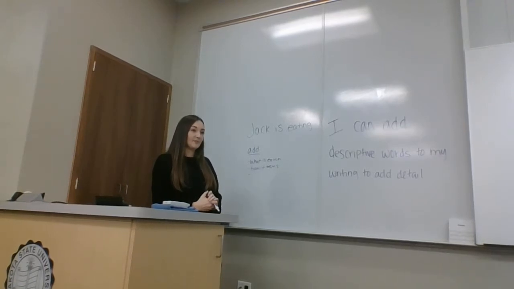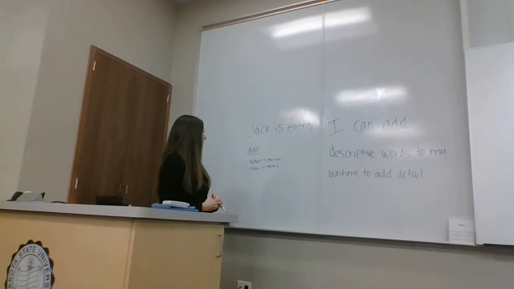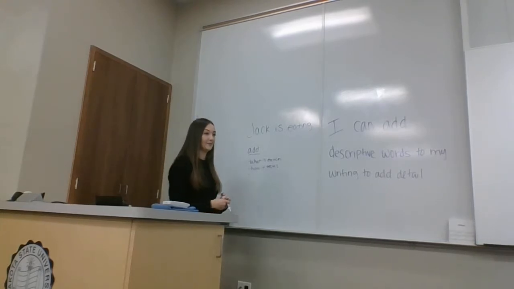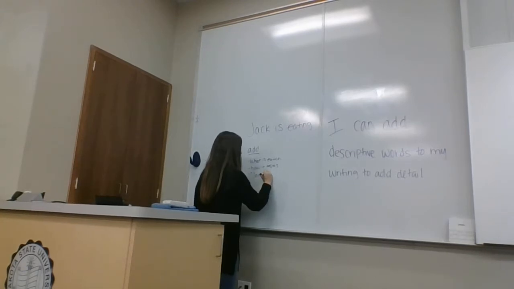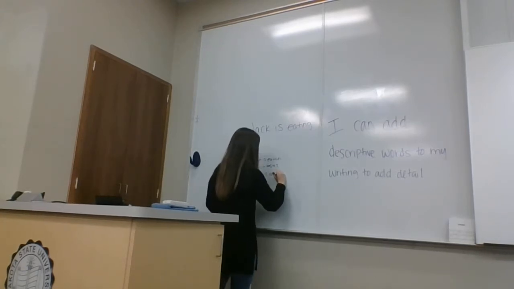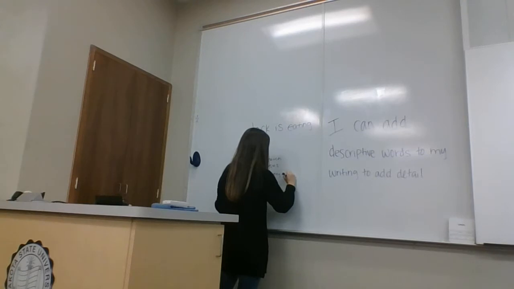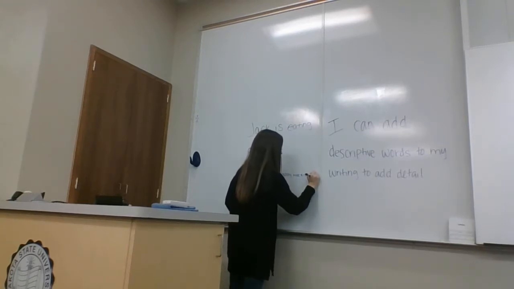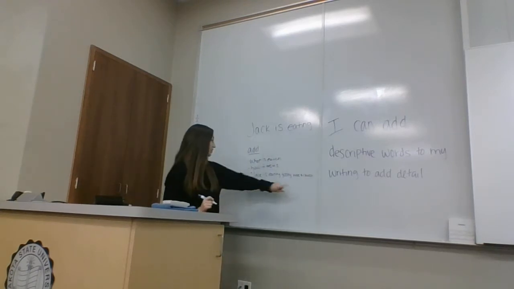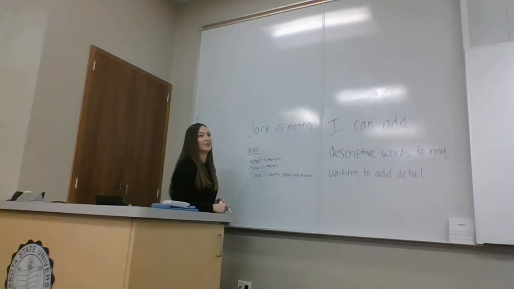We did like an example sentence. Do you want to say what it was? We just said Jack is eating gooey, creamy mac and cheese. Okay. So, with your sentence, you chose to describe what he was eating and the texture of it. Okay?